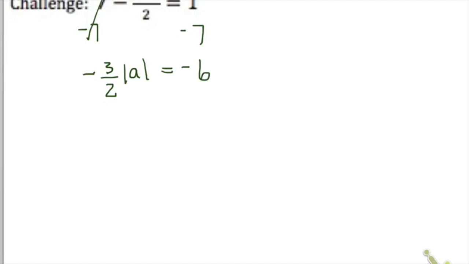And then to undo multiplying by negative 3 halves, I would multiply both sides by its inverse, negative 2/3. Negative 2/3 times negative 3 halves times the absolute value of A is equal to, and then of course I have to multiply by the same thing on both sides, keep it equivalent. And those would cancel.